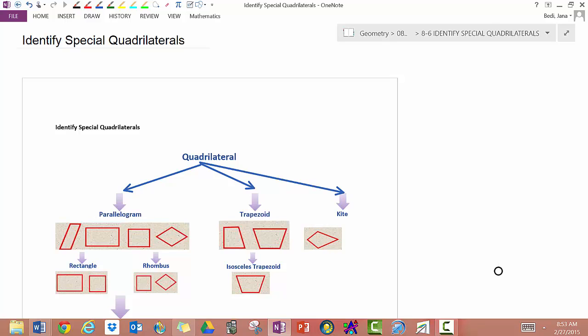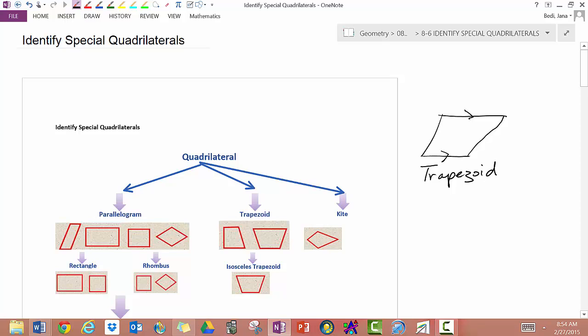So for example, if I'm given a quadrilateral like this, and all I know is that one pair of sides is parallel, then I can determine that it is a trapezoid. And in order to do that, I need to know the properties of a trapezoid.